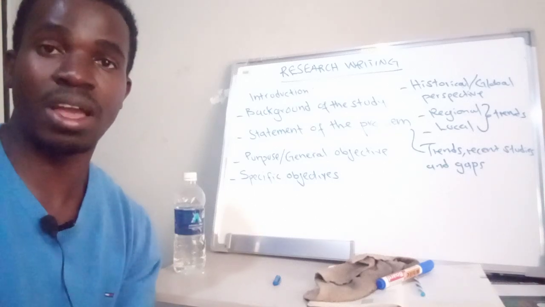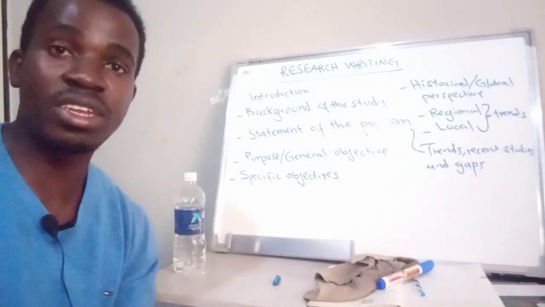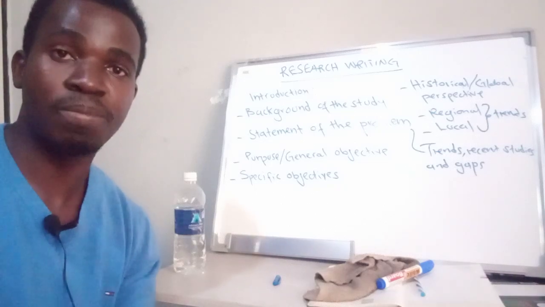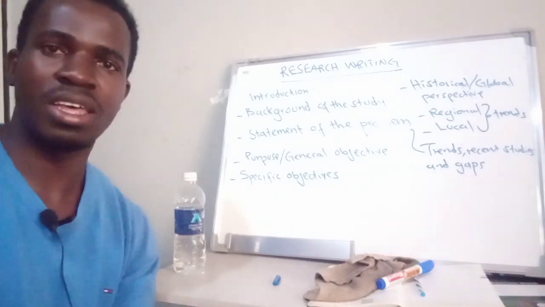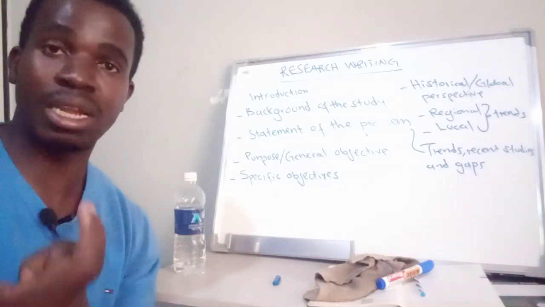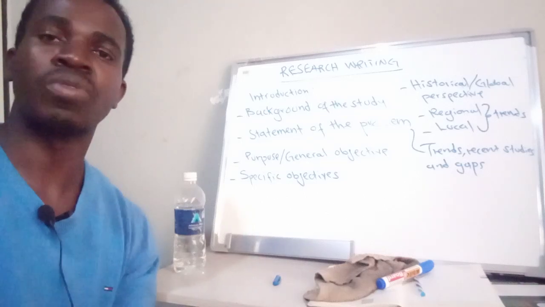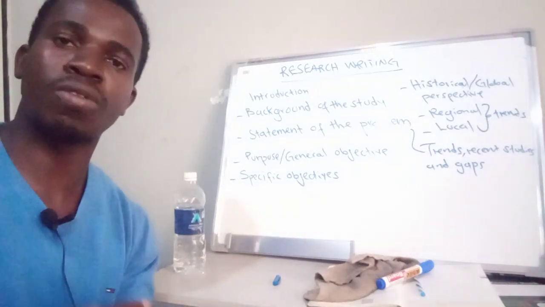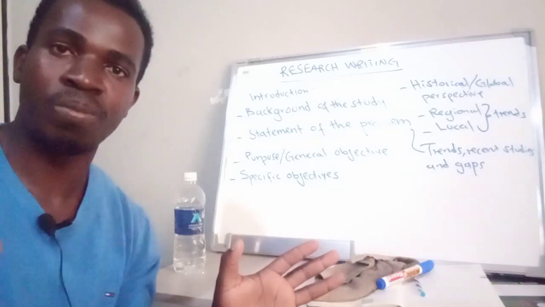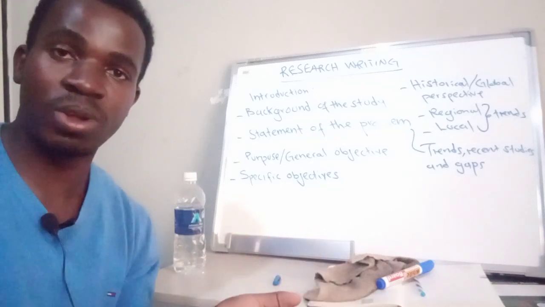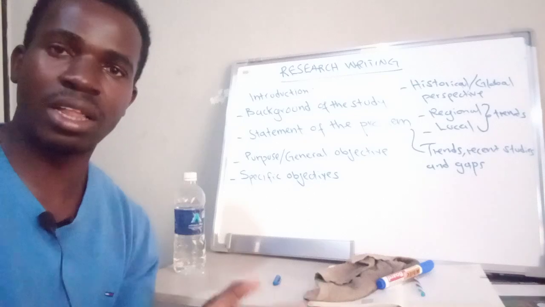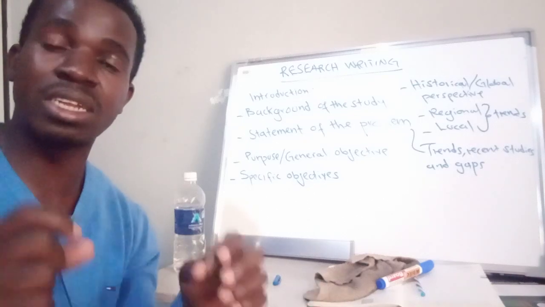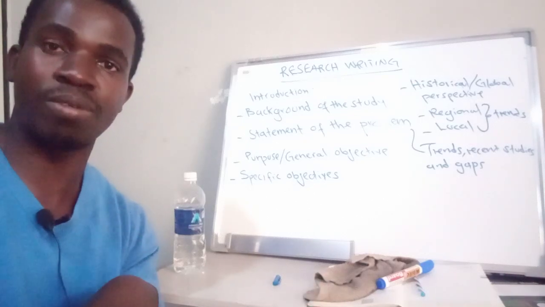Let's say Zambia. What exactly has been trending on that particular topic in Zambia? You have to share some information based on that, because it is from there that you are going to give people direction to say, from the global perspective, this is how this issue has been trending. In Africa, this is exactly what has been happening. Then in Zambia, this is the information that we have.